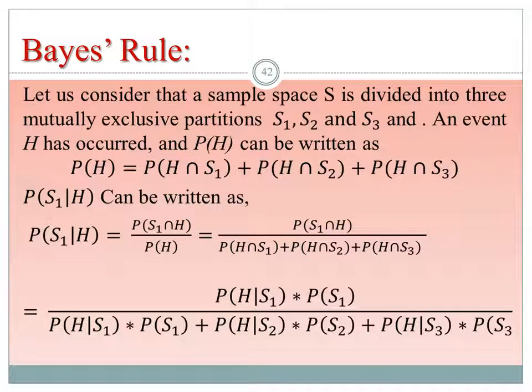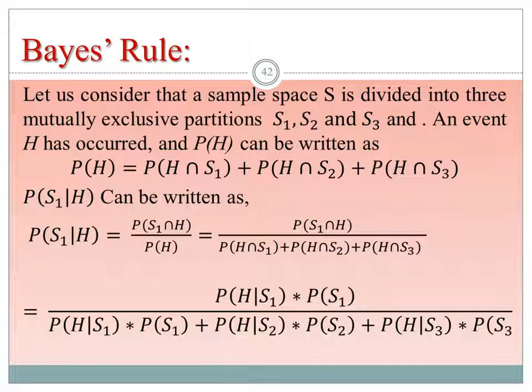Right, so next, Bayes rule. This Bayes rule application is also very popular in probability calculation in the industrial field. Let us consider that sample space S is divided into three mutually exclusive partitions S1, S2 and S3. That means S1 intersection S2 is empty, S2 intersection S3 is empty, and S1 intersection S3 is also empty.